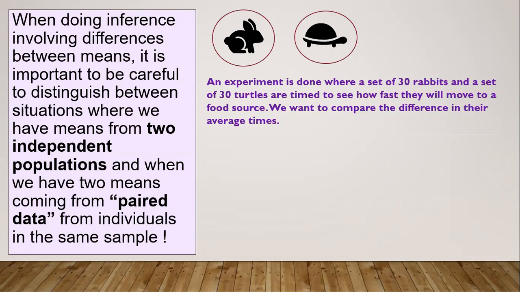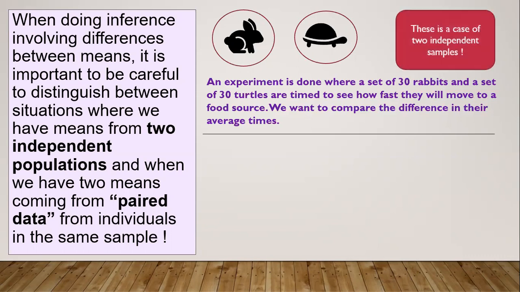In this particular case, it's a problem involving a difference in means. This is a case of what we call two independent samples. We have a group of 30 rabbits and another group, a separate sample of 30 creatures that are clearly different in nature from the first. We call this independent populations.